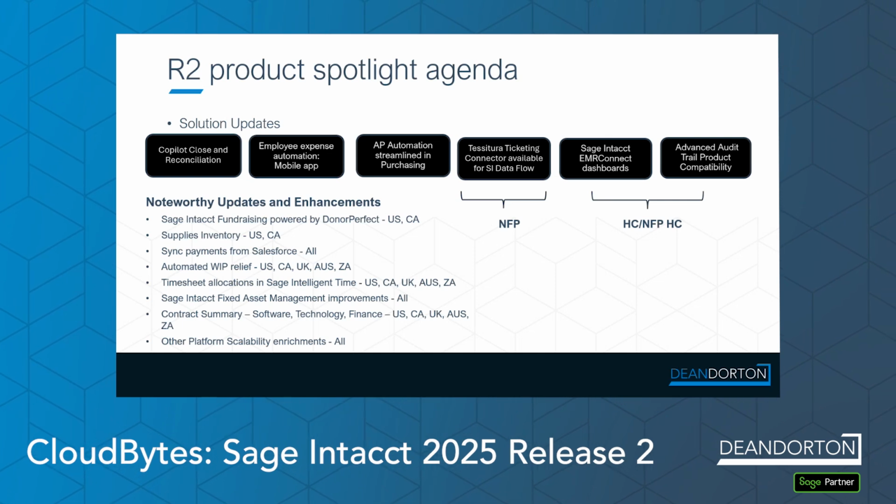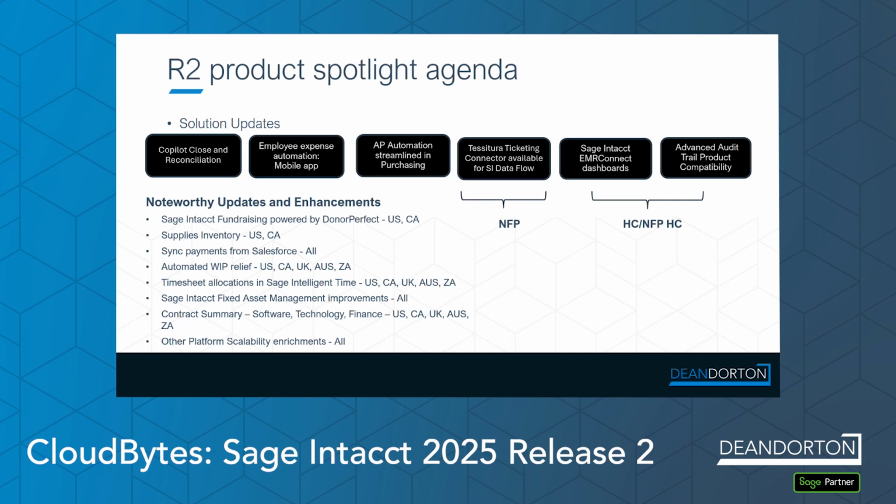So the R2 product spotlight agenda. Here's just an overview, and this is a good slide to really look at what is in this release, who it applies to, what geographic regions it applies to, et cetera.